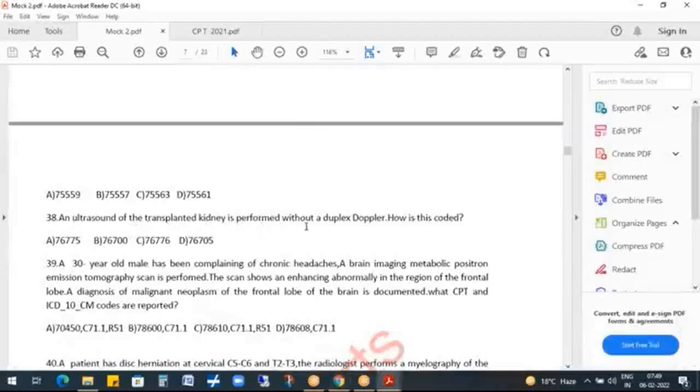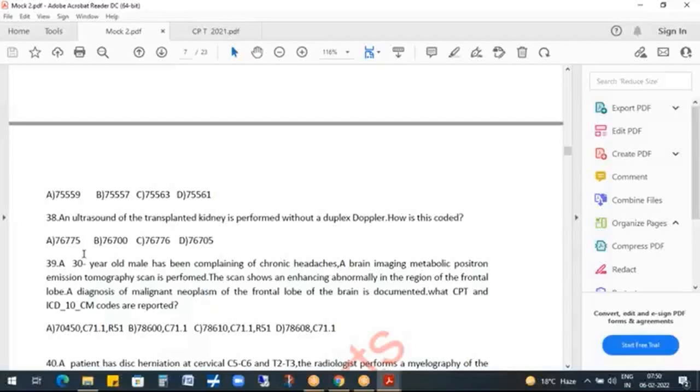An ultrasound of the transplanted kidney is performed without a duplex Doppler, so we use 76775. When you are going through each code, see the parenthetical note. You will mostly get the guidelines in parenthetical notes itself.